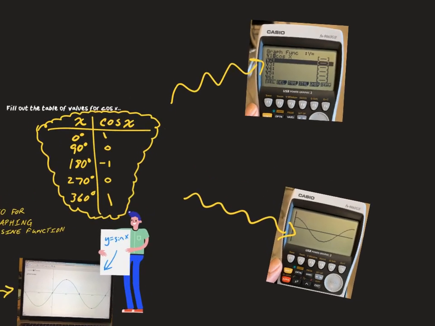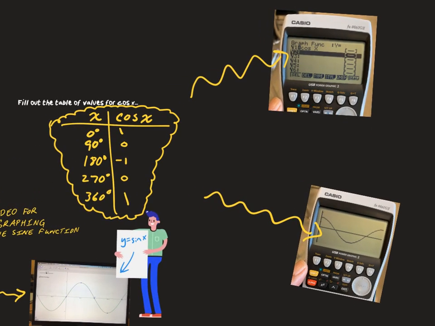So here's what it would look like if you typed it in a graphing calculator. You can see here I typed in my function on the top screen, and when I graphed it, there's my 1, 0, -1, 0, +1, and there's my cosine wave.